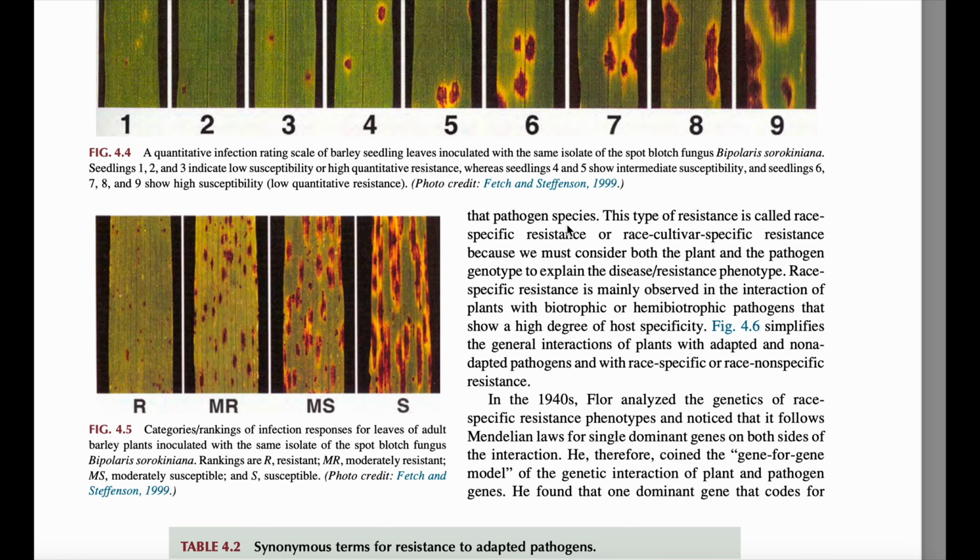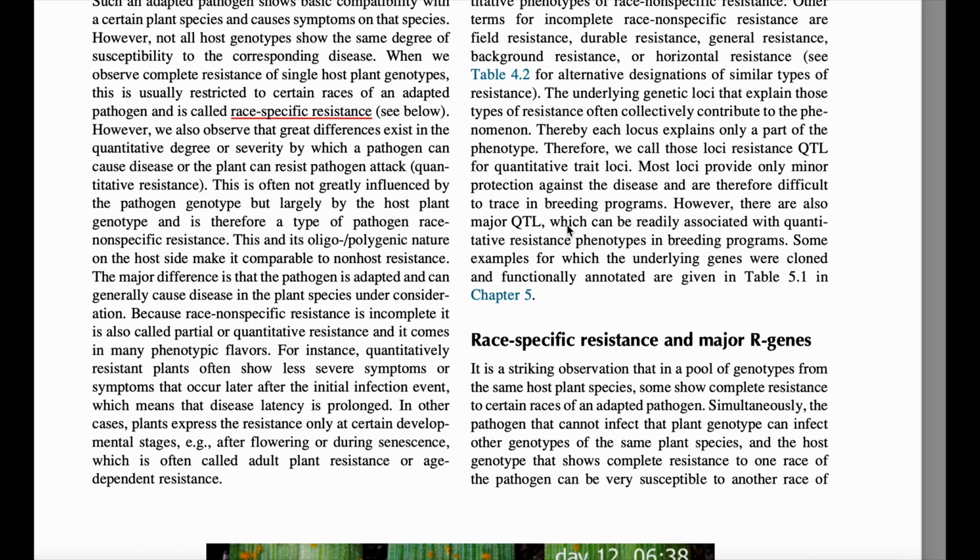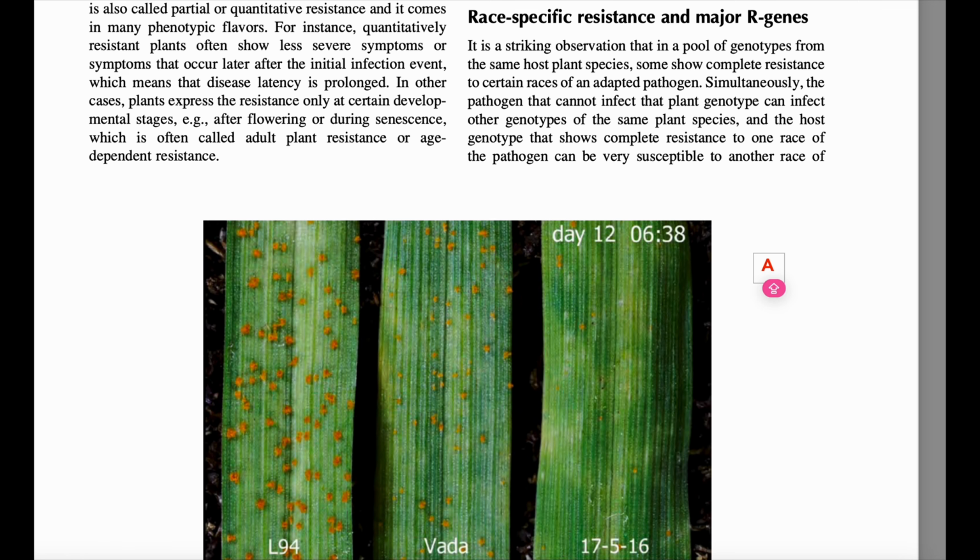that pathogen species. So what they are saying is that if we have 3 races of a single pathogen, now consider this genotype of a host. If this genotype is resistant to race A of the pathogen, it does not mean it is also resistant to the other races of the pathogen.